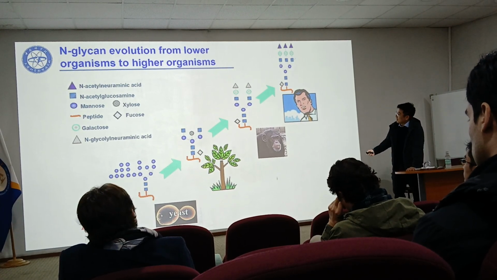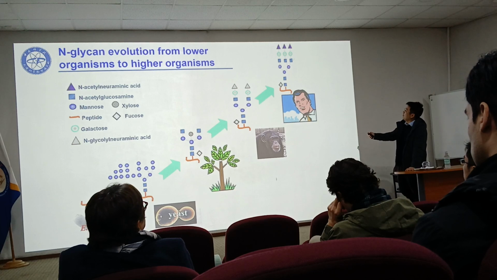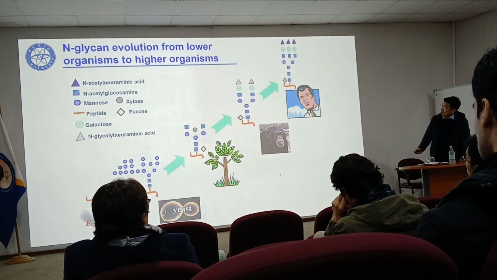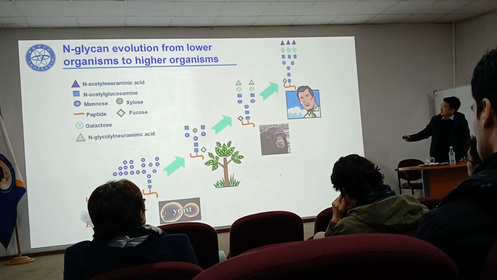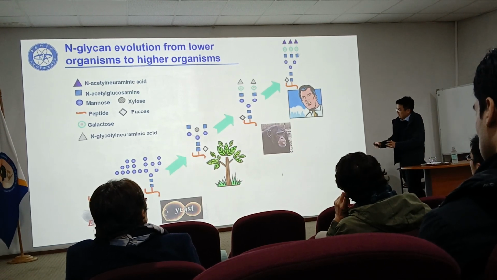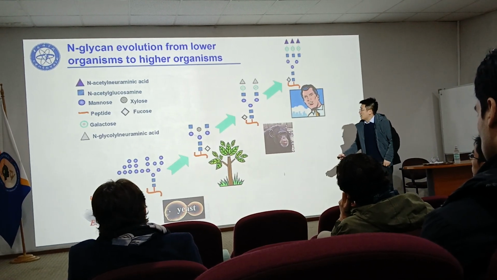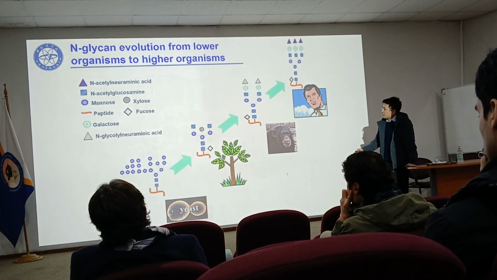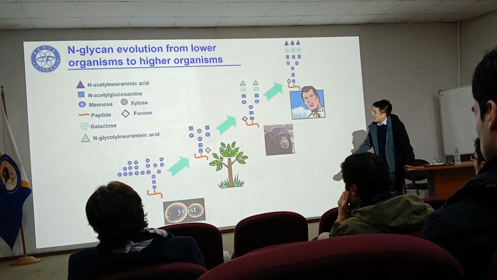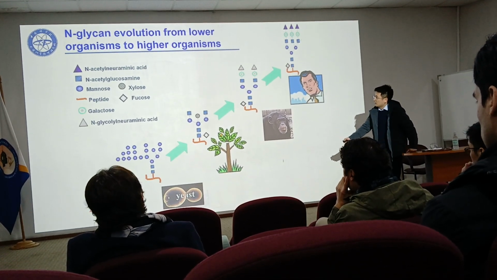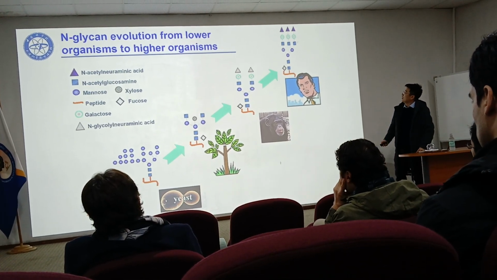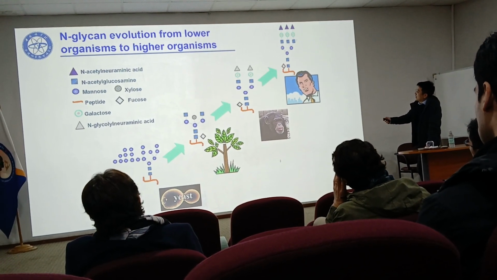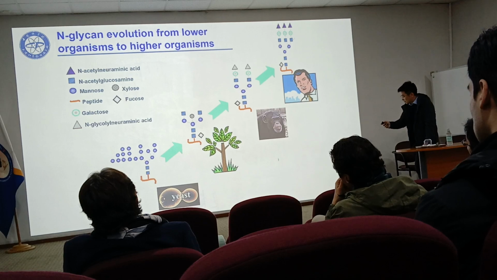In plant, and then in animal, finally in human, the N-glycan evolves to be more complex, and also has organism-specific character. For example, in plant, there is xylose, which is evident in plants. In human, there is sialic acid.